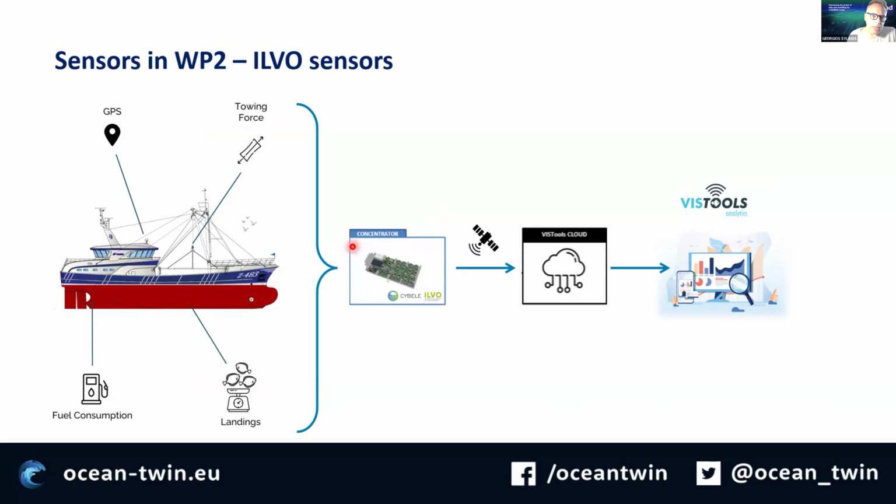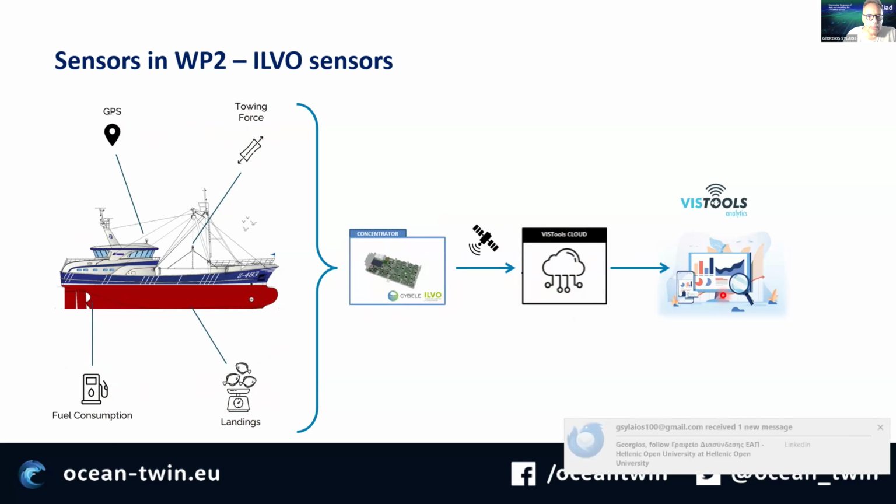And all these data are accumulated in this microchip, and from there they are transferred to the cloud server, and from there we have the analysis and the real-time or near real-time understanding of what happens in terms of fisheries in the North Sea.